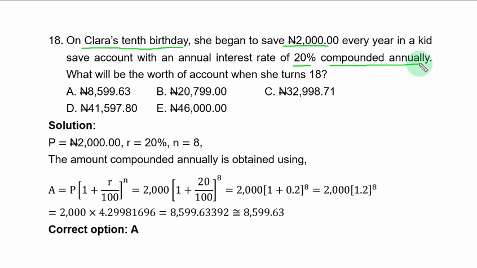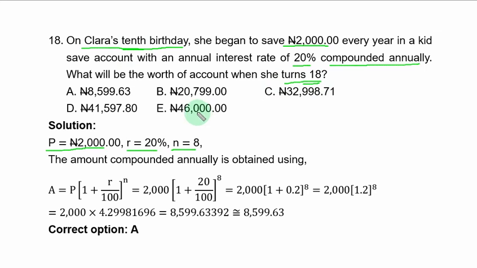What will be the worth, that is the amount, worth of account when she turns 18? Solution: the amount she kept on depositing is the principal, the rate 20%, n is 8 because from 10 to 18 the difference is 8.